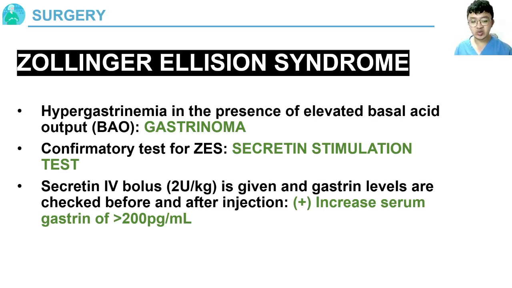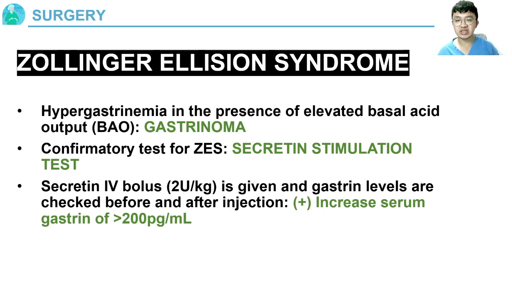Your gastrin-producing cells in the pancreas, when they are neoplastic and produce in excess, this is called gastrinoma. They can produce increased acid output by virtue of the effect of the gastrin levels. This is what you call Zollinger-Ellison syndrome. The confirmatory test for ZES is the secretin stimulation test.